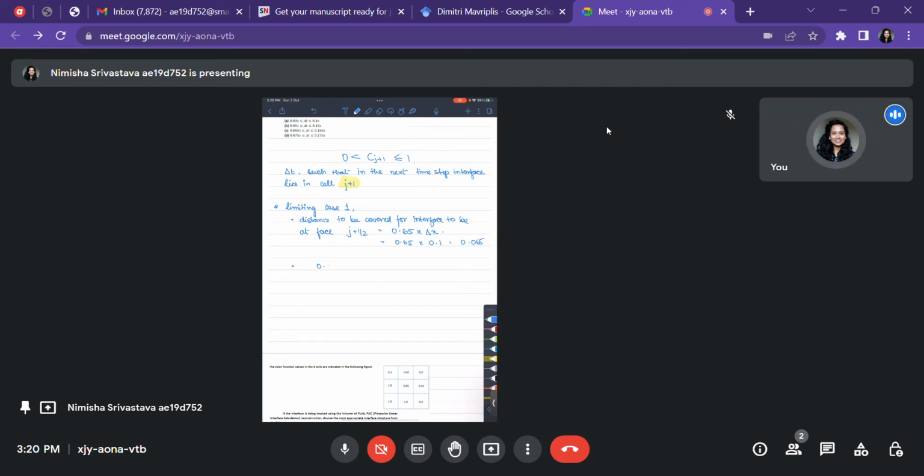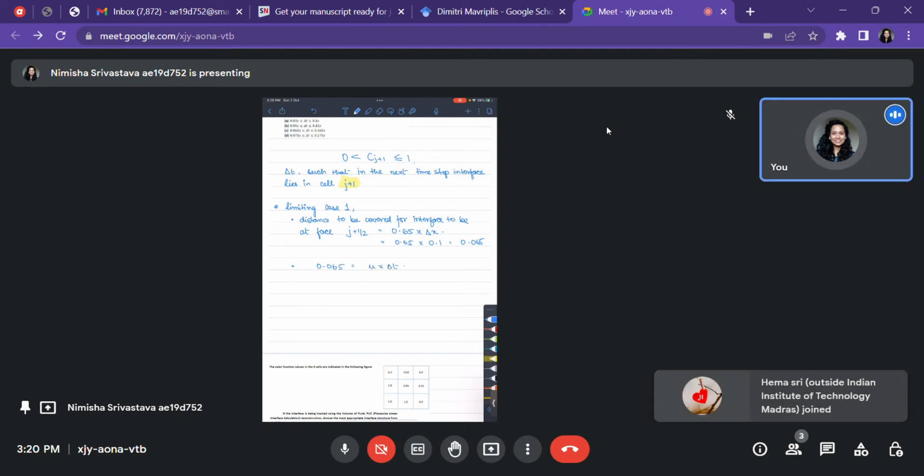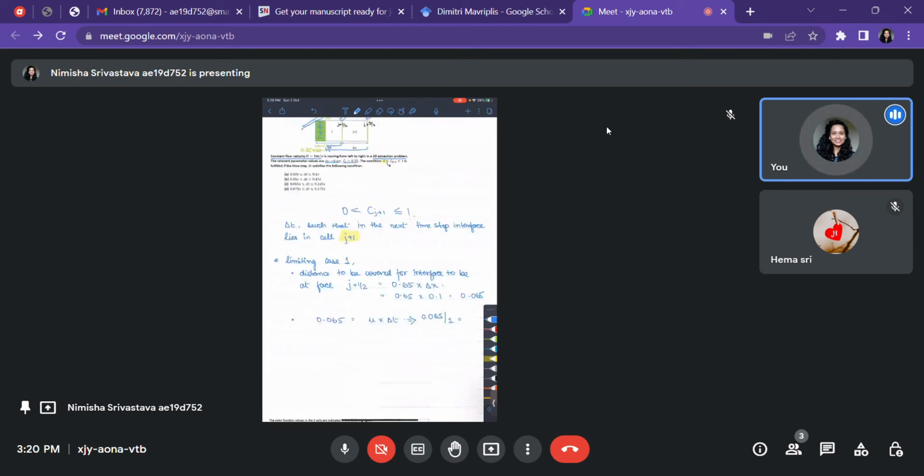So 0.065 is equal to u into delta t, and by this we will find out the delta t. So we will basically have 0.065 by 1, because the speed over here is 1 meter per second, and that is equal to delta t. So our first condition is that the time step should be like the limiting case number 1. For the limiting case number 1, that is when the interface is lying just at the cell face, we have the delta t equal to 0.065.